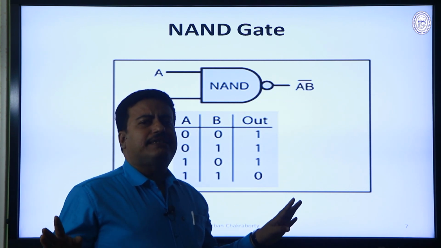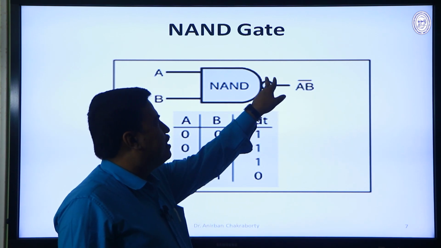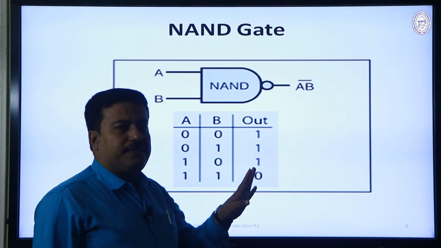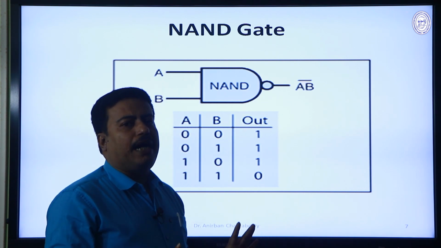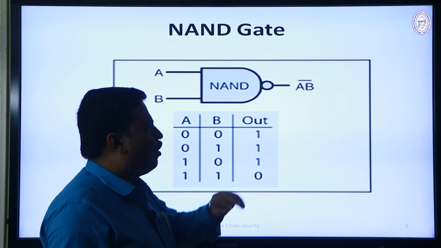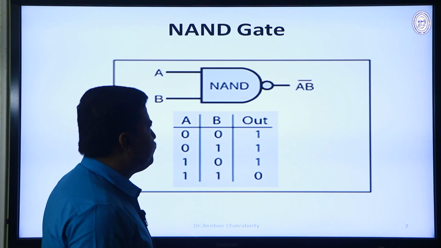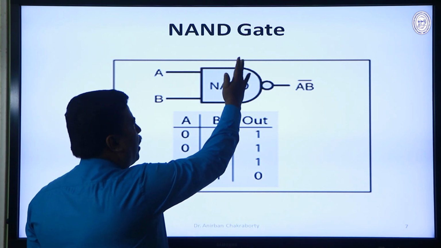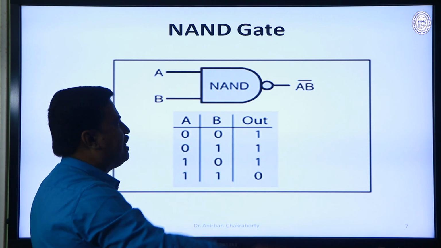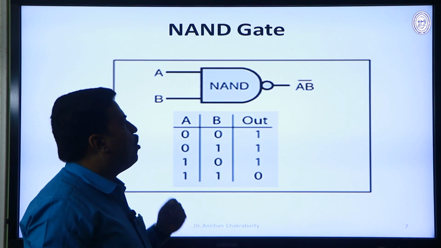Whenever you observe a bubble in any circuit, consider that there is a NOT gate in the circuit. Somehow it got sandwiched with some other gates, but it is there. So first, the portion before the bubble is the AND gate, and after the AND gate there is the NOT gate.